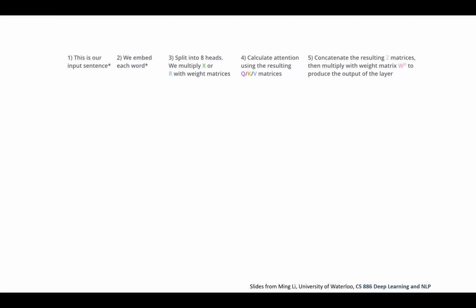Okay, so to summarize, we have the input sentence, thinking machines, and we embed them. We decided we want each word to be a 4-dimensional vector. We split into 8 heads. So we will have these 3 matrices for each head, and we multiply for each of the 8. We compute the attentions with value, key, and query.